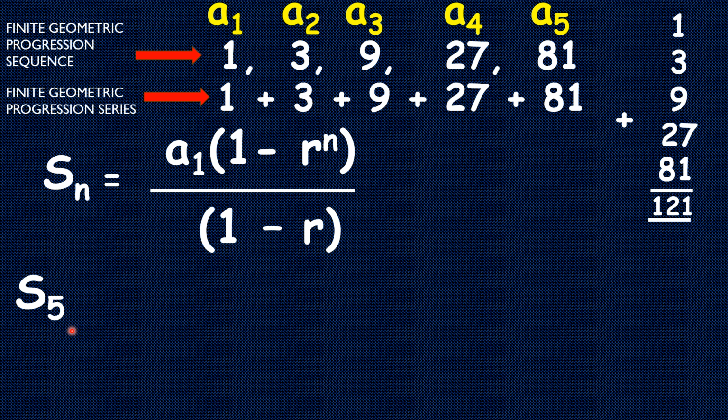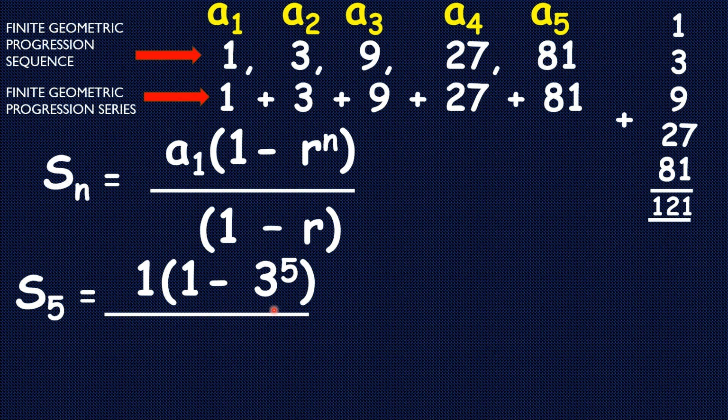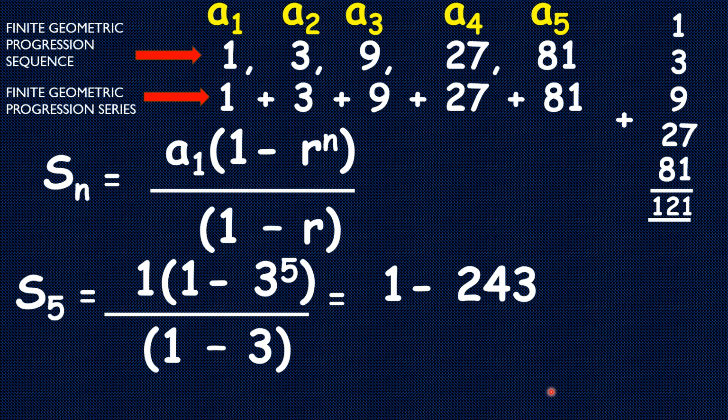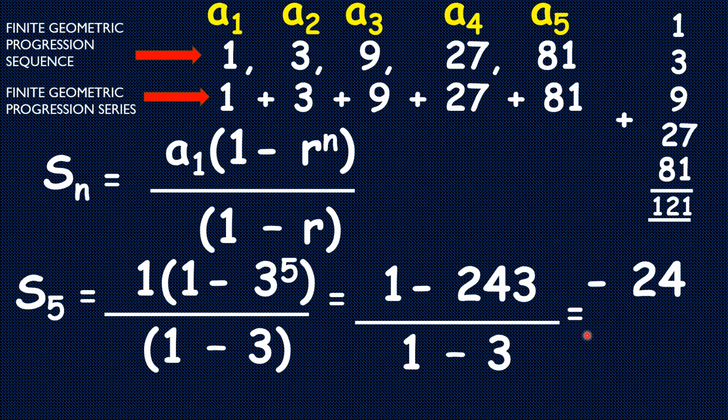So if our n is 5, that is, we want to find the sum of the 5 terms, we simply substitute: our a1 is the first term, which is 1. Our common ratio is 3, n being 5, and then we substitute accordingly. And then we have this expression, and by the time we simplify, we have 1 minus 243 all over 1 minus 3, which is equals to minus 242 divided by minus 2.